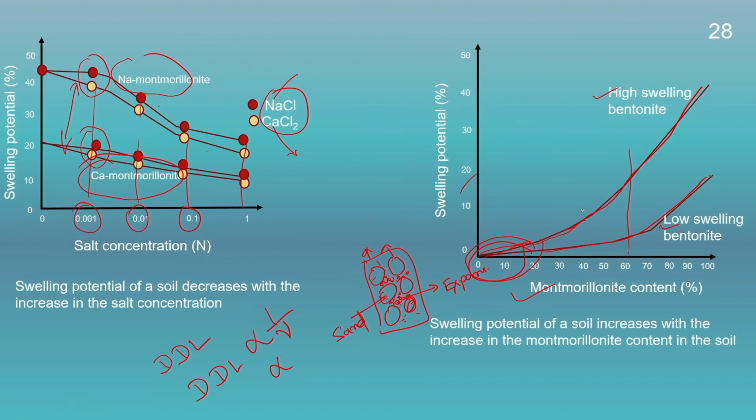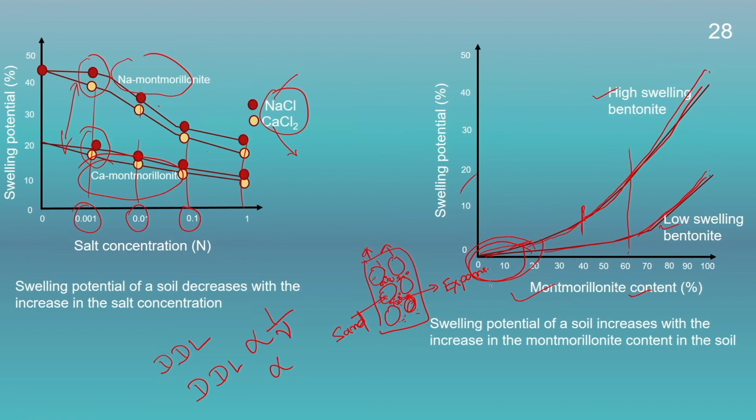For a high swelling bentonite or high swelling montmorillonite, say for example, in this case around 30 to 40%, there is a significant rise in the swelling potential. However, for a low swelling bentonite, it requires a large fraction of the montmorillonite content or expansive soil content to fill these voids and then increase its volume to quite an extent.